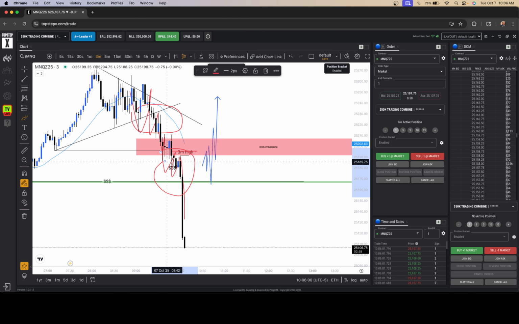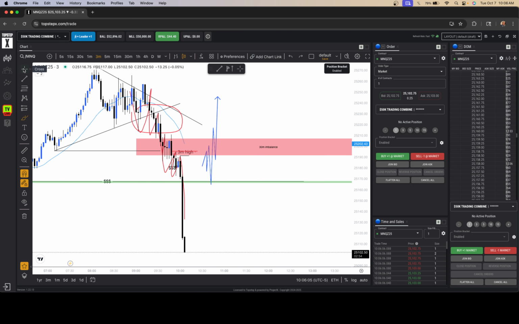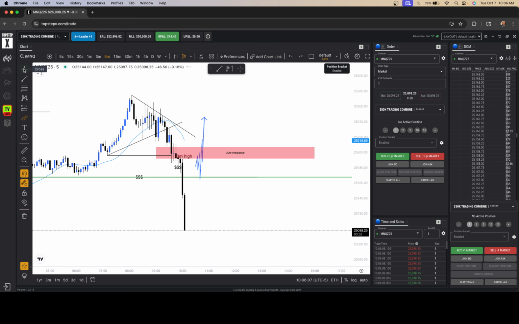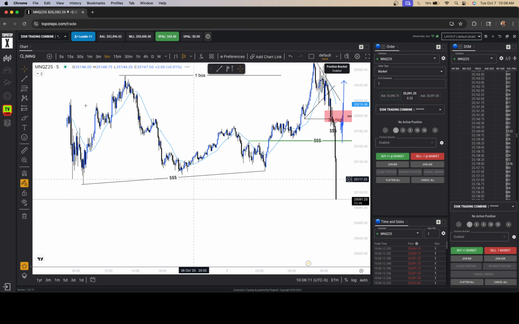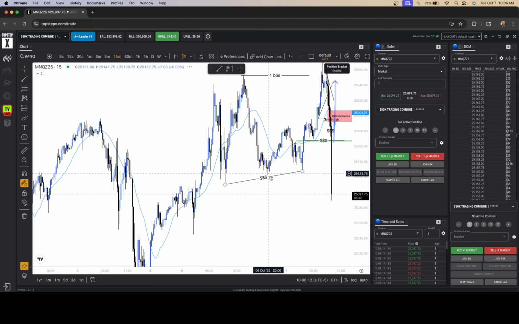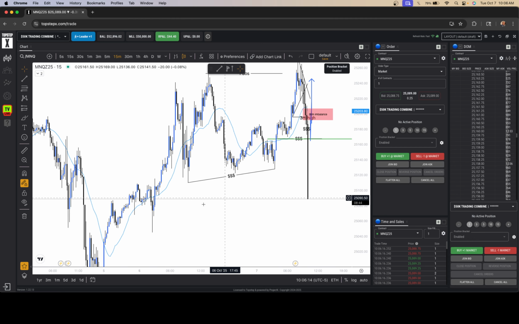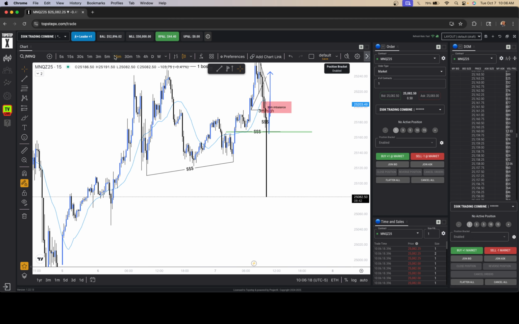Yeah, we could have held that. I was expecting some buys to come in, but with seeing all this liquidity down here, I should have just held and anticipated that we were gonna take it out.